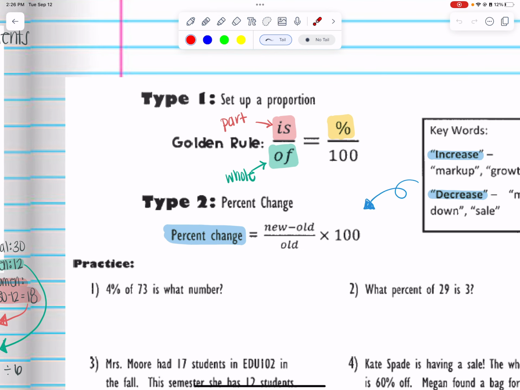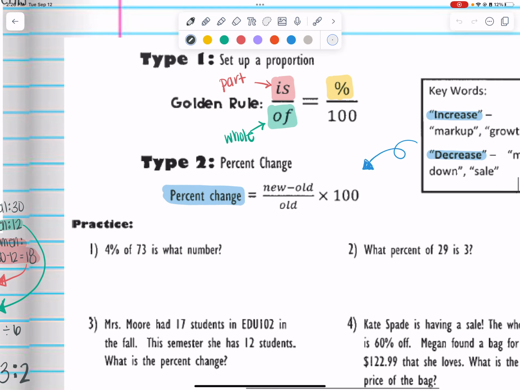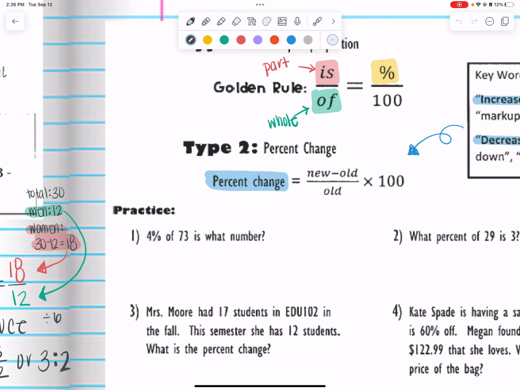So let's look at 1, 2, and 3 because these are all going to be type 1. So number 1, I have 4% of 73 is what number? So using that golden rule, 4%, well that's going to be my percent, of 73. So I'm going to line that up with the of part. Is what number?